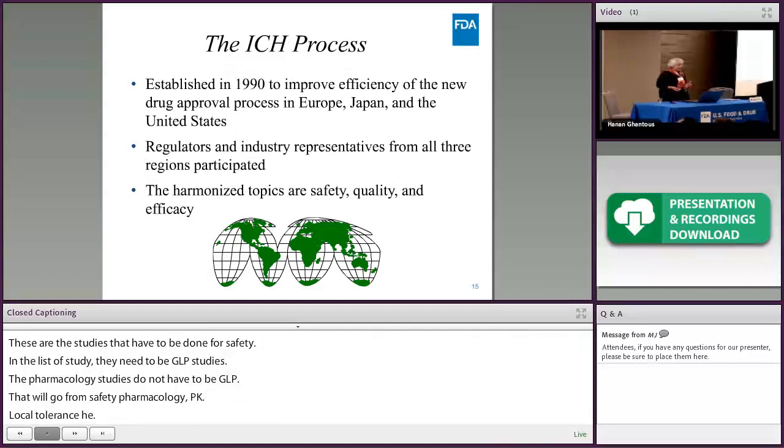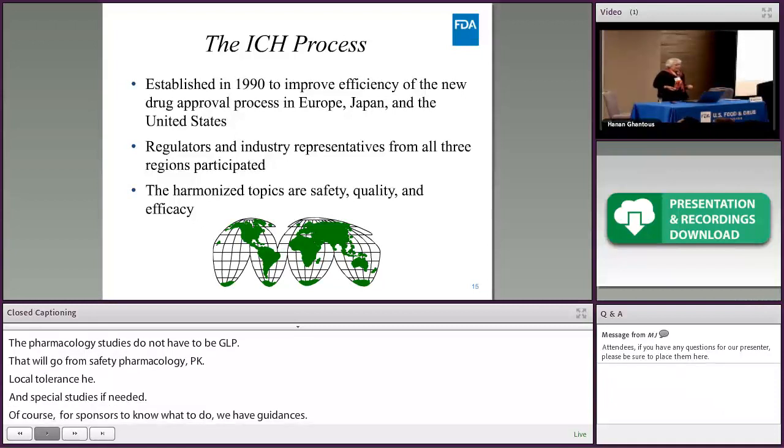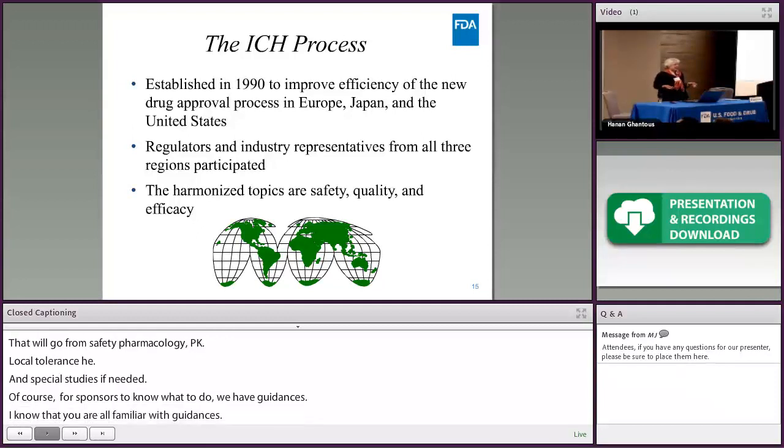Now, of course, for sponsors to know what to do, we have guidances, and I'm sure you're all familiar with guidances. And we have the ICH guidances, which come from the ICH group. The ICH was established in 1990, and it was a group of pharma and the regulators in Europe, the US, and Japan.